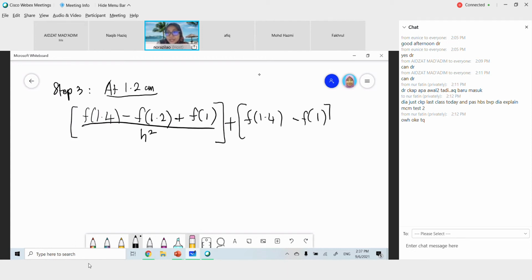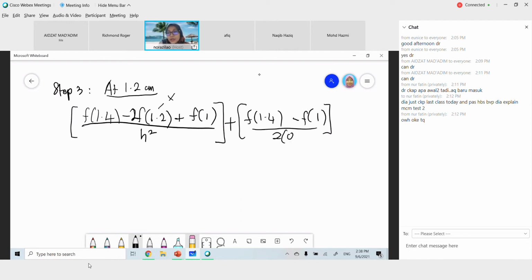Doktor, bukan, yang function 1.2 tu times 2 lagi tak dalam formula? Yes, in the formula ada 2 times function xi, for the second derivative. Okay, ini betul. And then 2h.